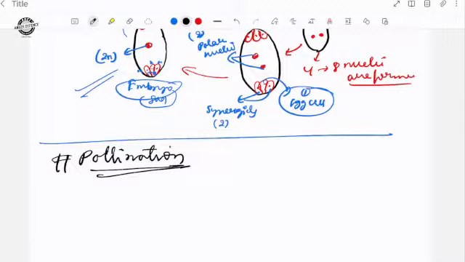If water is present, water is the medium through which pollen grains travel and reach the stigma of the female flowers, so that the next fusion takes place.